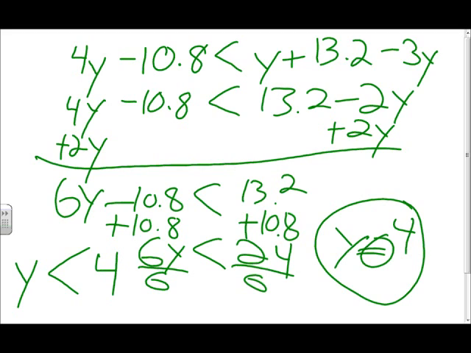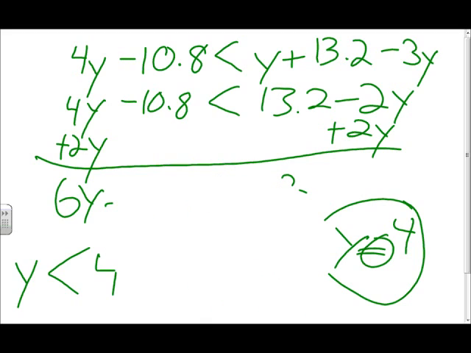And so since we have that equation there, to graph that, I'm going to make a little space right here so I can graph it. Since y is always less than 4, y cannot be 4 on the line.